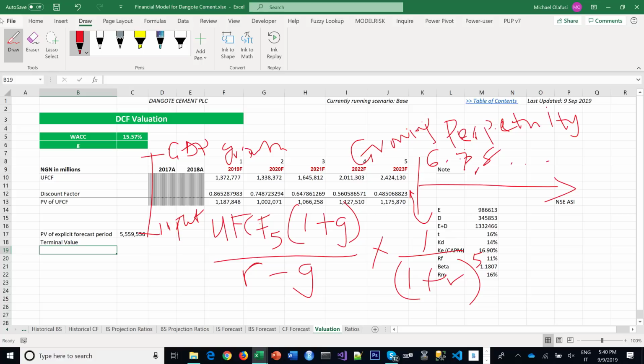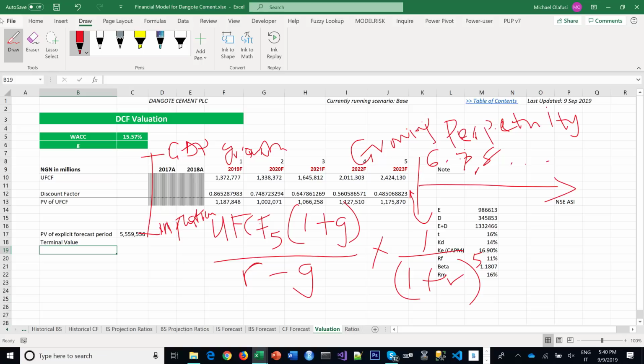A company can never grow beyond the economy it exists in. Otherwise, you get bigger than the country, and maybe sooner bigger than the whole world. That's like saying a tree growing into the sky. So you will always have to stay between the inflation and the GDP. For us in Nigeria, that bound is our long-term inflation.